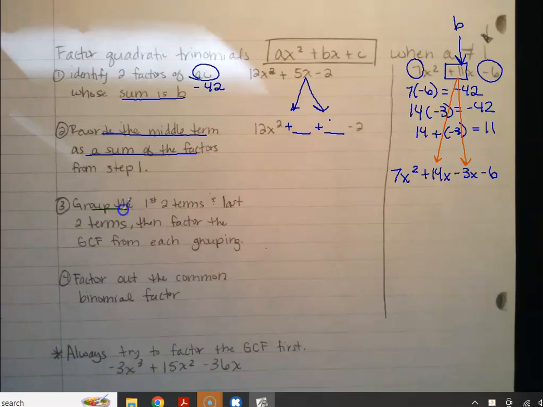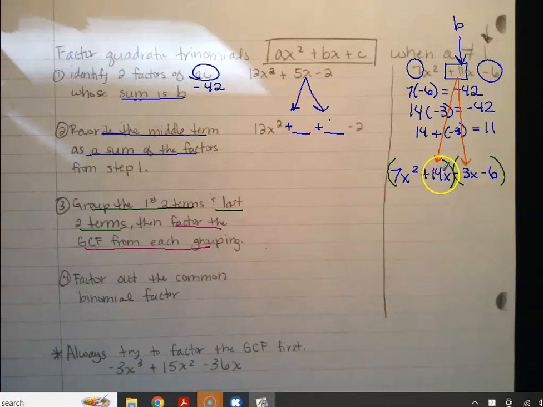So then next, we group these. It says group the first two terms. So 7x squared and 14x we put in a group. And then we group the last two terms, negative 3x and negative 6. Now we need to factor the GCF from each group. What do 7x squared and plus 14x have in common?